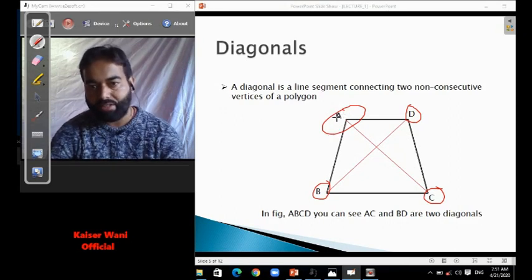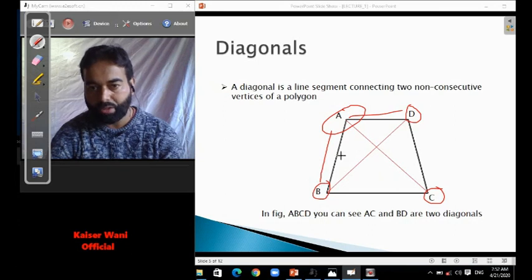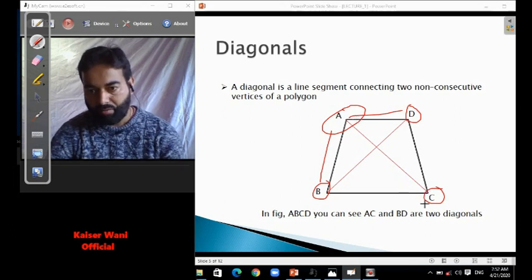Here we can see vertex A is directly connected with D and it is directly connected with B. So these two, D and B, are the adjacent vertices of vertex A. And C is not directly connected with A. So this is called the non-consecutive vertex of A.